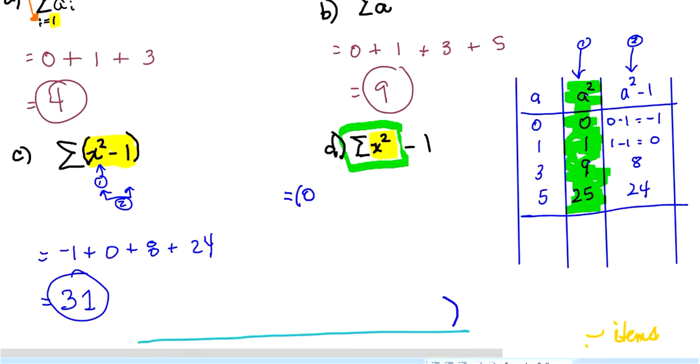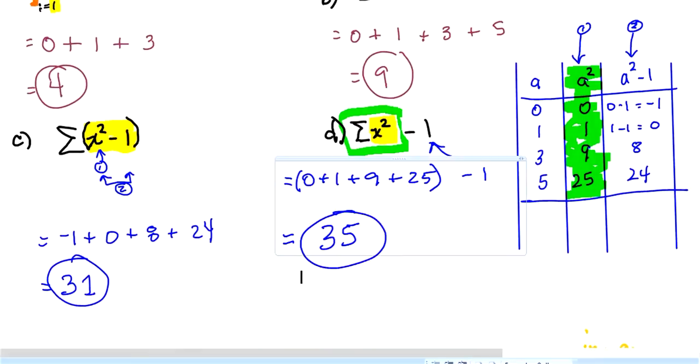So just take those values and add them up. 0 plus 1 plus 9 plus 25. And then after we add those up, we'll subtract that 1. Okay? So let's do that. If you do this correctly, here's what you get. The answer, 35. Okay, so if you did it correctly, 35 is part D. Okay, we'll get used to this.